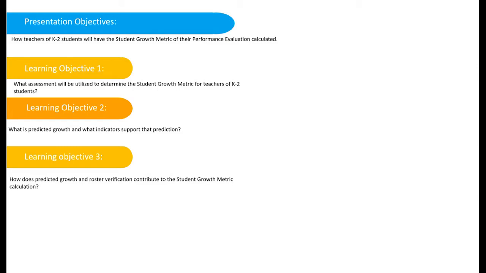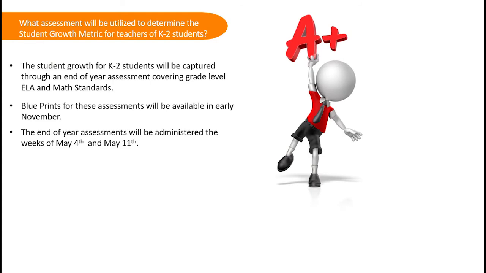To do this, I will help explain what assessments will be utilized to determine student growth, what is predicted growth and what indicators support this prediction, and finally, how does predicted growth and roster verification contribute to the student growth metric calculation.